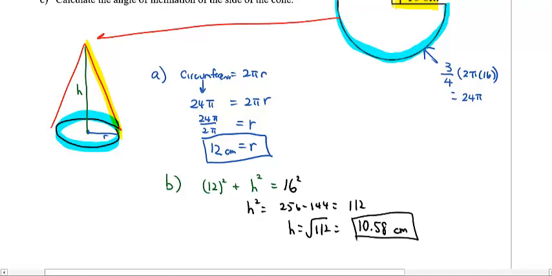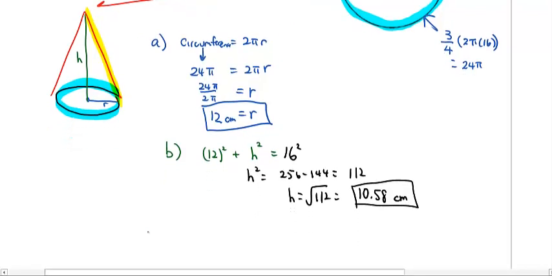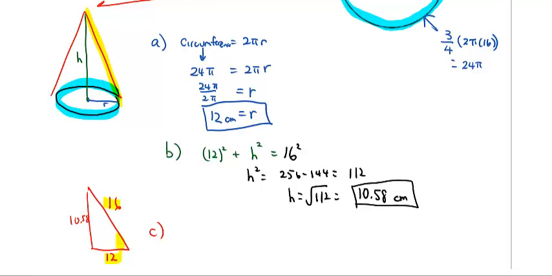Cool. And the angle of inclination. So now finding the angle of inclination. Look at that triangle again. We knew this was 16. We knew r was 12. We knew h is 10.58. So you have lots of options. If I'm going to take the nicer numbers, I'm going to use that. And I'm thinking, there's my target angle.